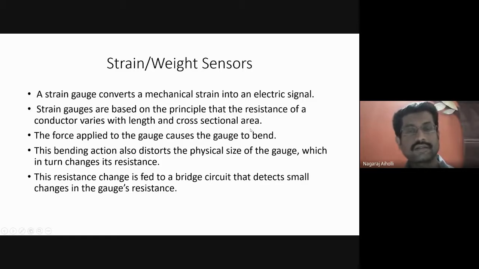Whenever a strain or weight is applied, there is an increase or decrease in the length of the conductor and a change in its area, which changes the resistance, because length and area are related to resistance by the equation R equals rho times L by A.